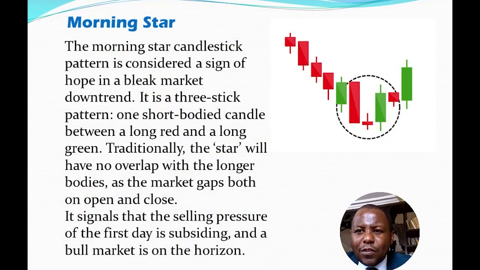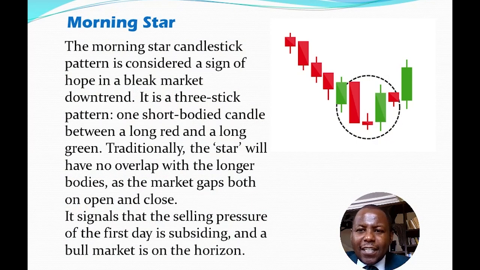We went on to engulfing, engulfing bullish and engulfing bearish, telling us some information, but we were looking at two candles. Now we're moving on to morning star. We're looking at three candles, and those three candles are saying something.